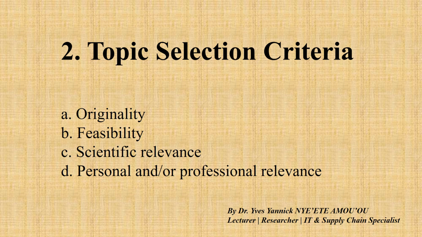Here we examine what makes a topic academically valid and personally meaningful, because you cannot just choose a thesis and write it anyhow. You need to be sure that your thesis will be valid. So to be valid, you have these 4 elements: originality, feasibility, scientific relevance, and personal or professional relevance.